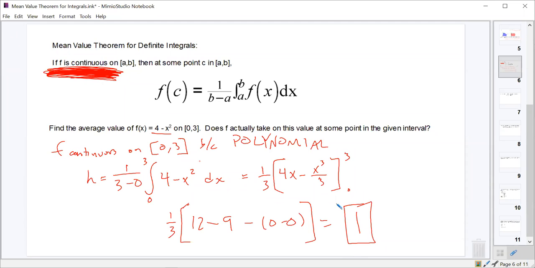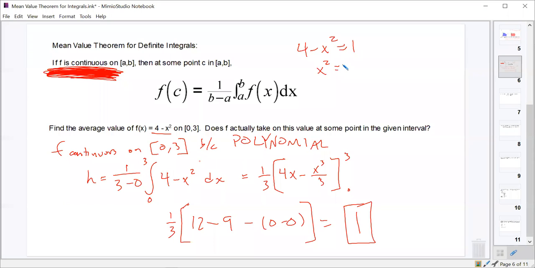And we want to know, does our function actually take on this value at some point? So all we'll do is set 4 minus x squared equal to 1 and get x squared equals what? What does x squared equal? 5.